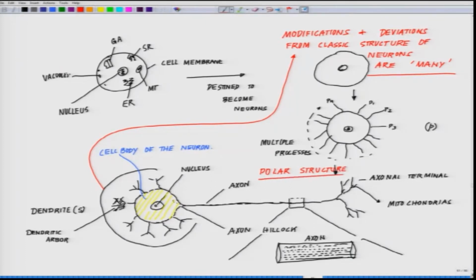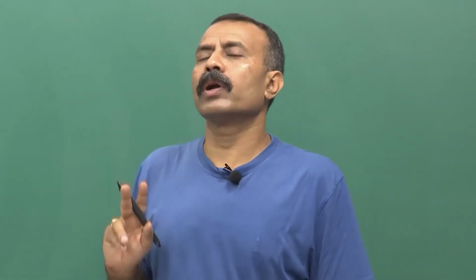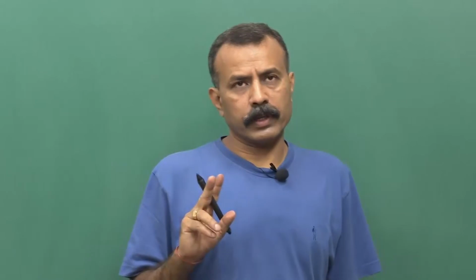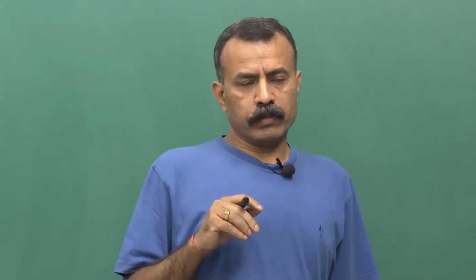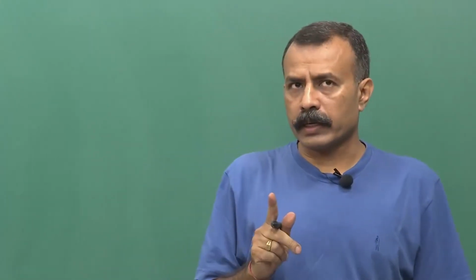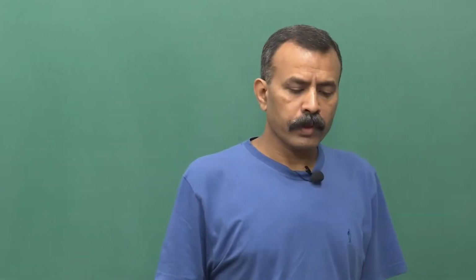Now, in this polar structure, as I told you, information processing happens. At this stage we are not talking about how the information processing takes place, which most likely I will start in the next class, but at this stage you have to understand the basic anatomy before you understand the physiology of how information processing happens.